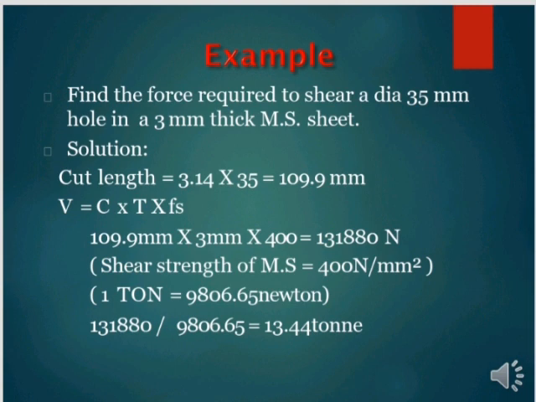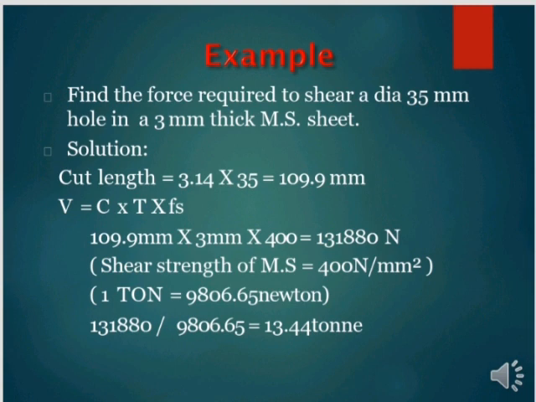131,880 Newton. We know that shear strength of MS is 400 Newton per millimeter square, and 1 ton is equal to 9806.65 Newton.